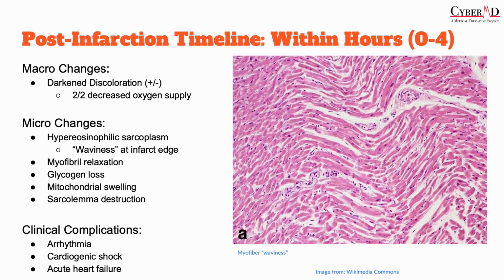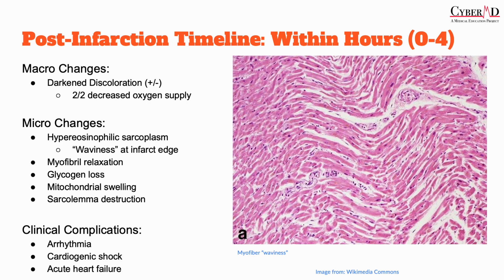Some of the changes may include hypereosinophilic changes of the cellular sarcoplasms, which creates a quote-unquote waviness at the edge of the infarction. Electron microscopy may show relaxation of the myofibrils, loss of glycogen, or swelling of mitochondria, as well as sarcolemma destruction. There may be mitochondrial amorphous densities towards the end of this time frame.